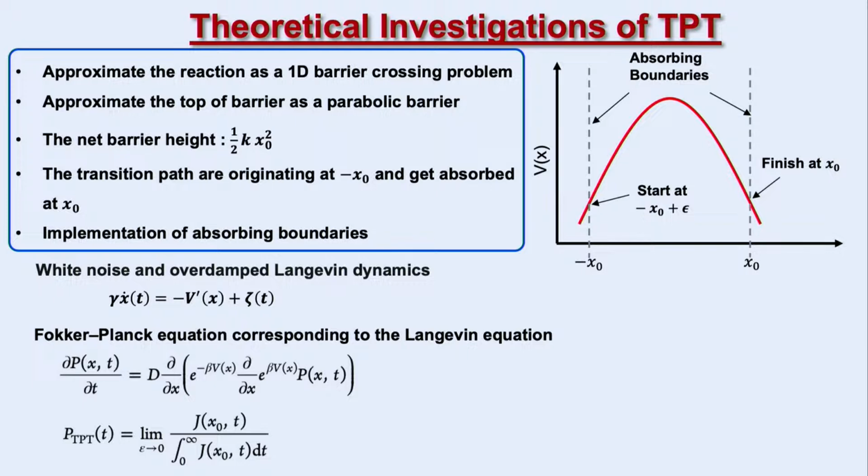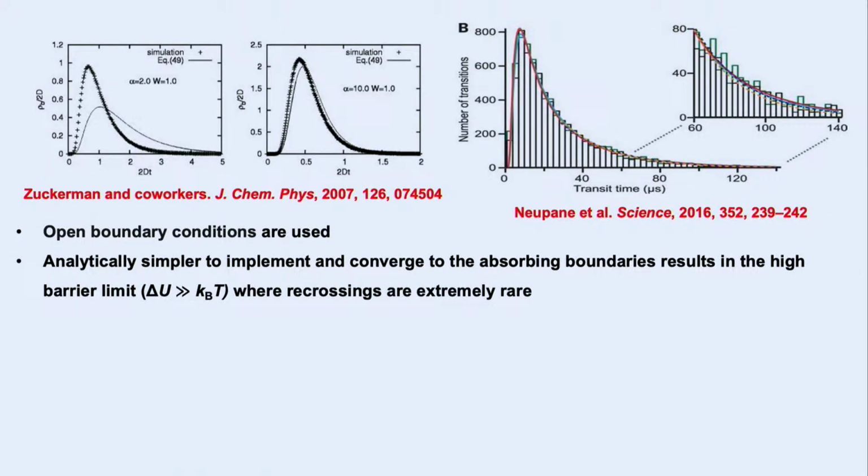One can do it for linear or free boundaries, free diffusion, but even for an inverted parabola, getting a solution with absorbing boundaries is not simple. So, what was done was open boundary conditions were used, and the analytical expressions for the transit path time were obtained.